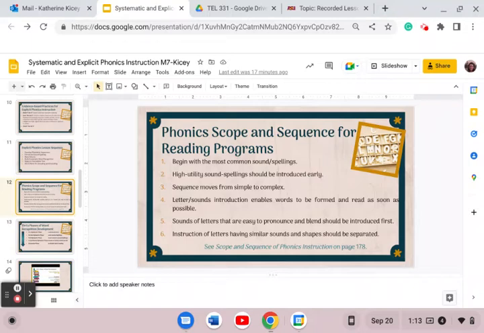Now we know what some of those are. D and B. Those look a lot alike. So you want to make sure that you're thinking of those letters and how to separate them. And this is done very explicitly in most curriculum, but it's always really, really good to know why it's done that way.